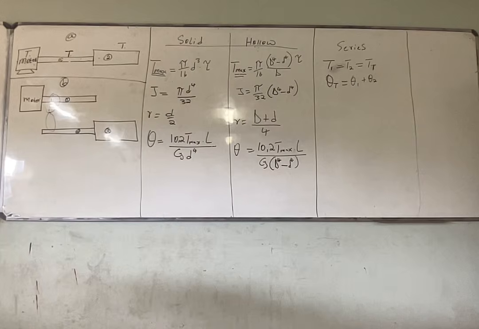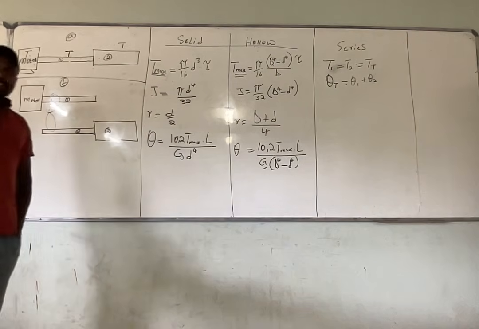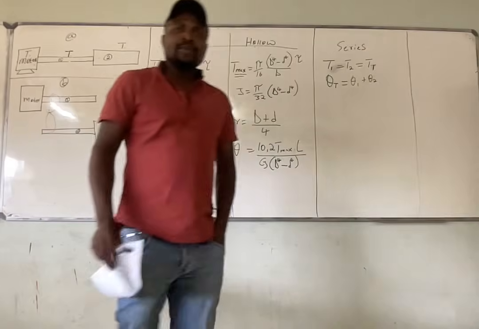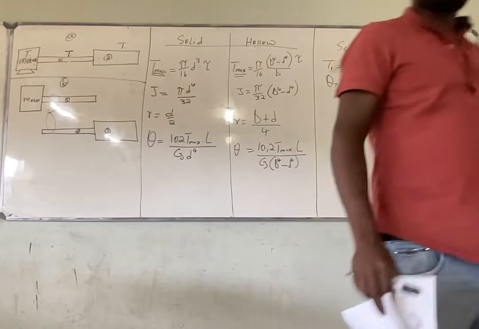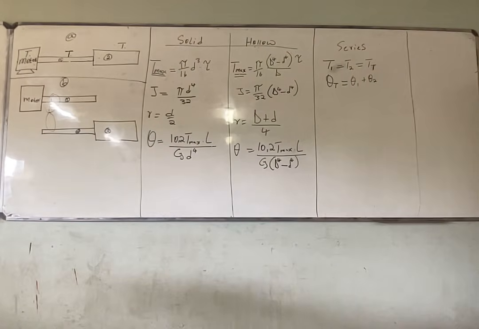So now let us come to parallel, number B. At number B, what type of connection is shaft 1 and 2? Parallel. What type of connection is shaft 2 and 3?